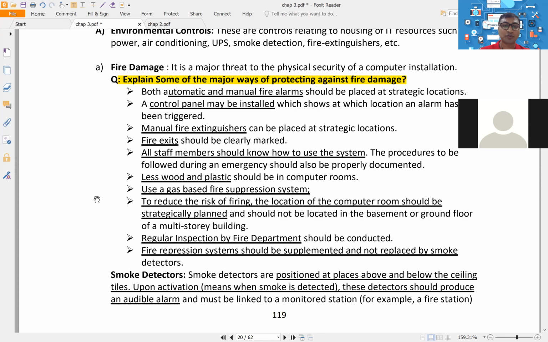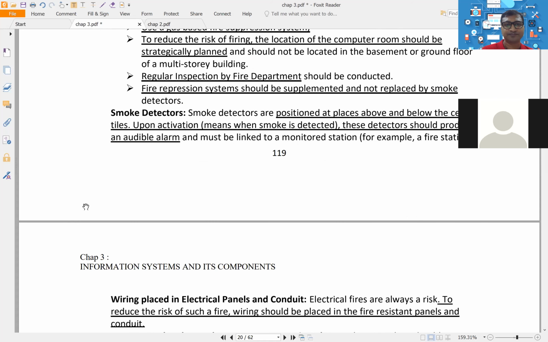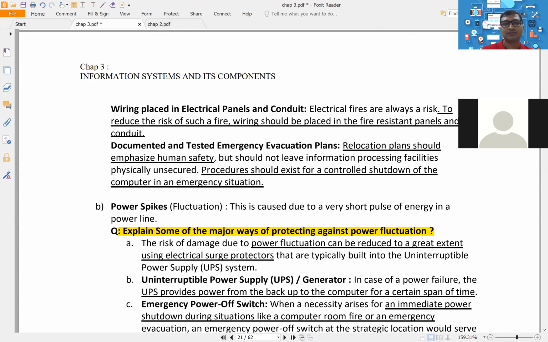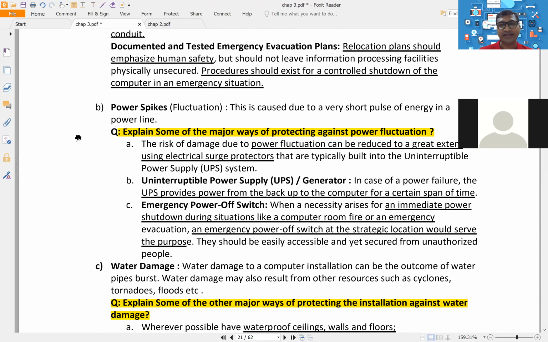Understood? Now if the same question is asked for only 4 marks, then try to write 6 to 7 points. Understood? So guys, it totally depends on how many marks they are asking for the same question. 4 marks, then a different approach. 6 marks, then a different approach.